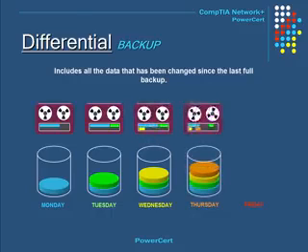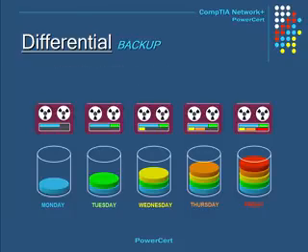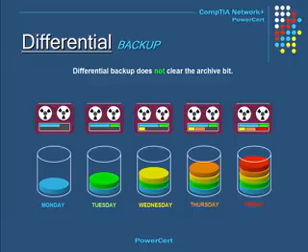So as you can see on this illustration, each backup tape copies data not only from their own day, but also from the previous days as well, since the last full backup, which was done on the weekend. The differential backup also uses the archive bit, but it's important to note that when a differential backup is done, it does not clear the archive bit.